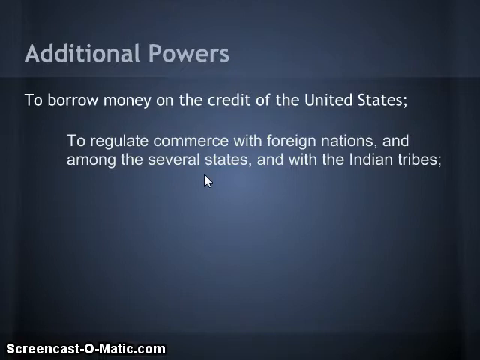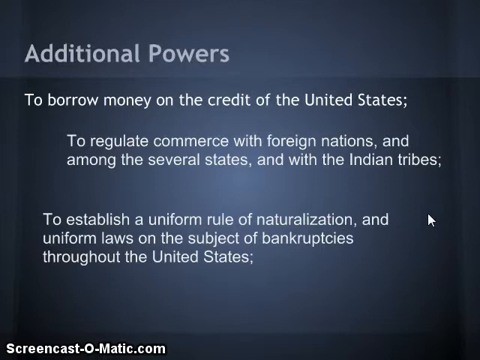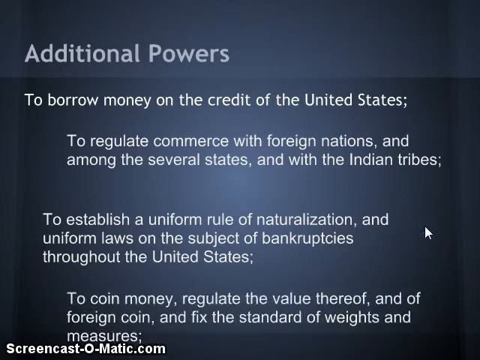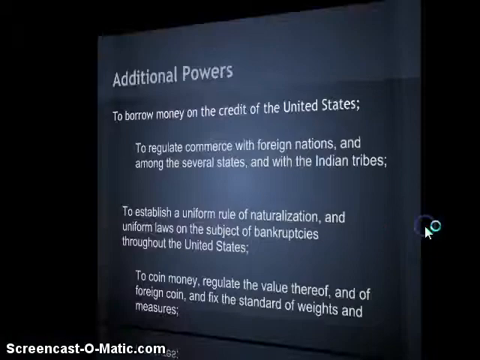They use the Interstate Commerce Clause more than anything else as the power to pass laws. To establish a uniform rule of naturalization and uniform laws on the subject of bankruptcies throughout the United States. To coin money, regulate the value thereof and of foreign coin, and fix the standard of weights and measures.